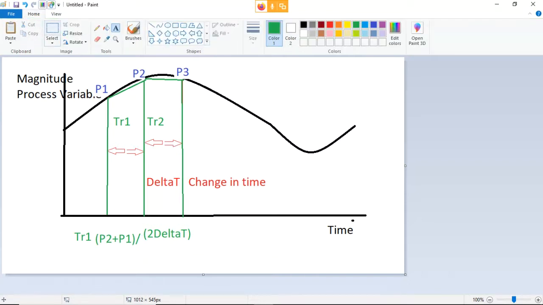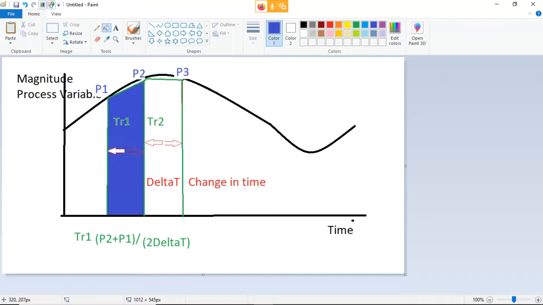So this is our change. This is how we calculate the area right here, the area of this trapezoid. That's the calculation for it. It's 1/2 height 1 plus height 2 times the base.